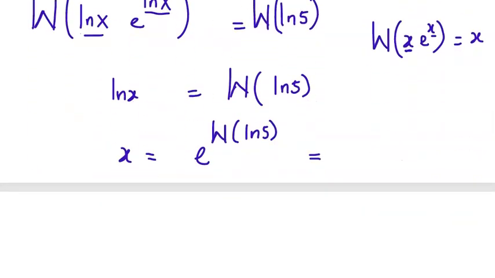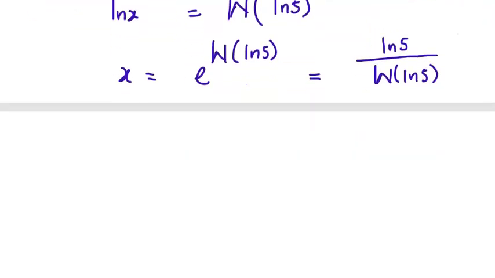So here we have e to the power of the W of something, and that something here is the natural log of 5. So this will be equal to the natural log of 5 divided by the W of the natural log of 5. You see, then the question here is, how can we get the approximate value? So this is the exact value for x. Don't forget that. So the next question is, how can we get the approximate value?